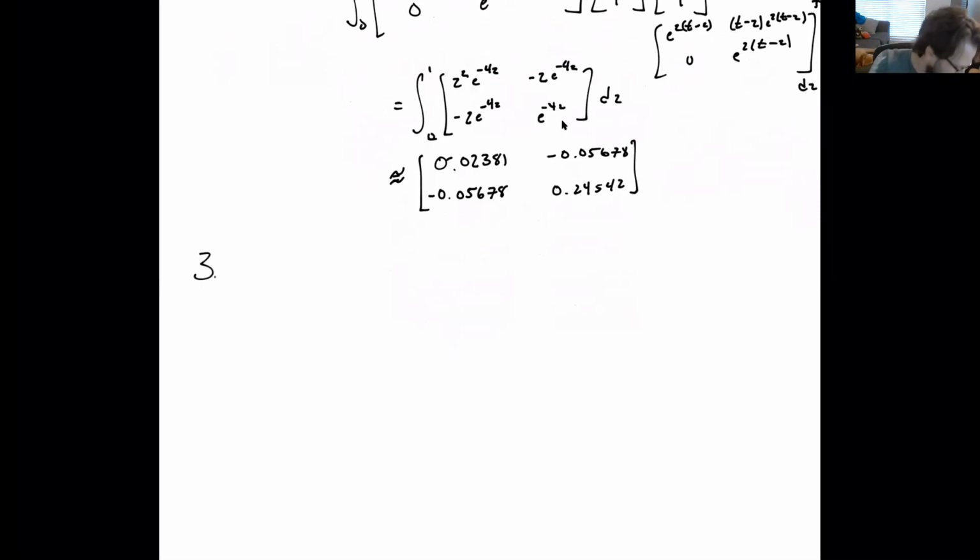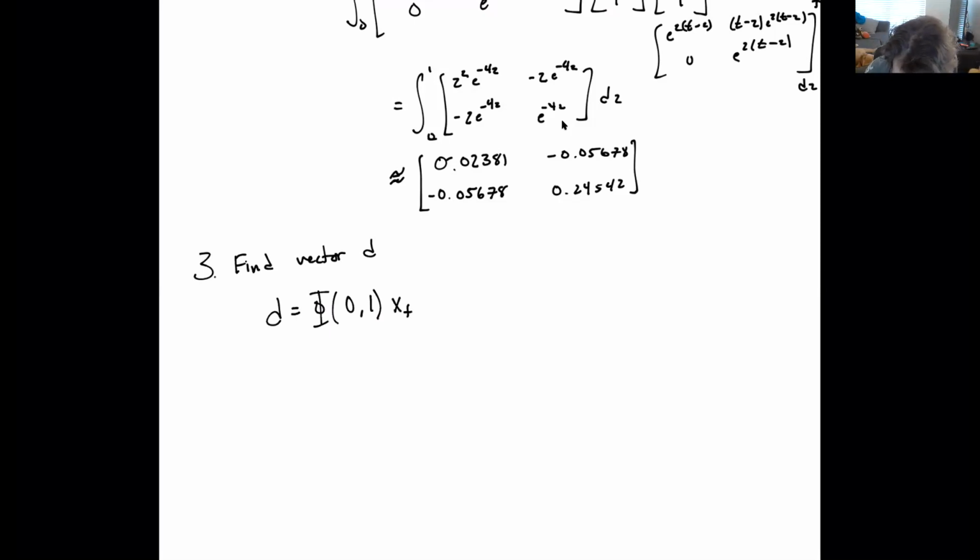So step 3 is to find the vector D, where D is equal to the state transition matrix evaluated at 0, 1 times xf minus x naught.